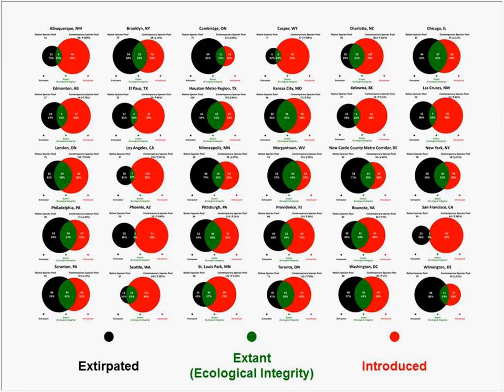The green represents the extant native species. This would be an index of ecological integrity: what proportion of your native species do you still have? You'll see in the red, that's the introduced species. So our areas are rapidly losing native trees and becoming non-native ecosystems.